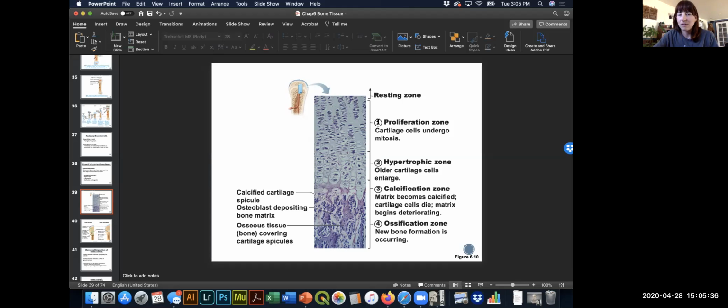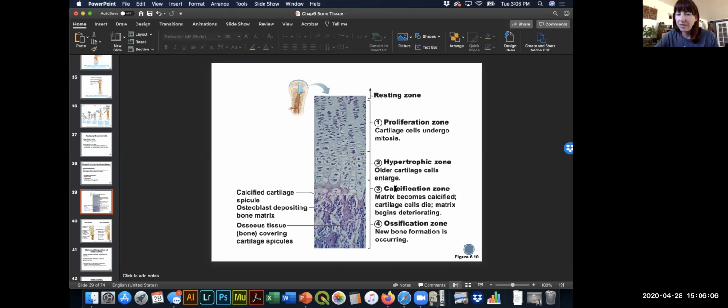You've got your resting zone, where it's just cartilage cells sitting there. The proliferation zone is when the cartilage cells are proliferating, undergoing mitosis. The hypertrophic zone is where the cartilage cells are getting fat, enlarging. Hypertrophic is like lots of eating, so they're consuming a lot and getting big.